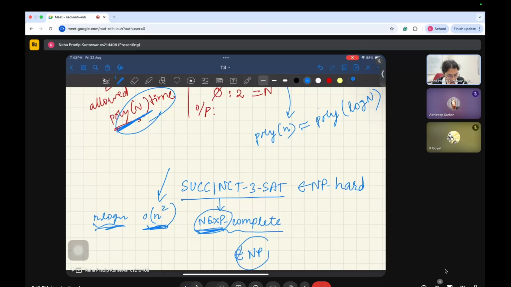On one hand we have, let's say, NP, so n to the c, and on the other hand we have 2 to the n to the c, or n to the k. So this is actually a much wider separation. n to the c is little-o of 2 to the n to the c.